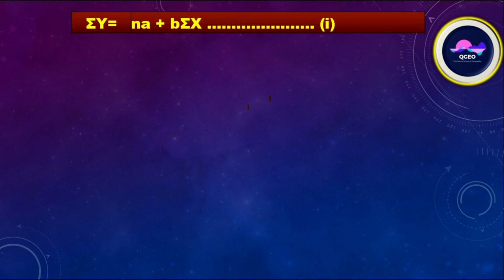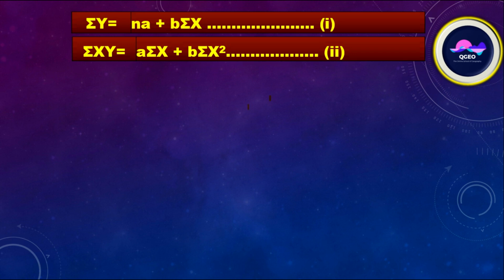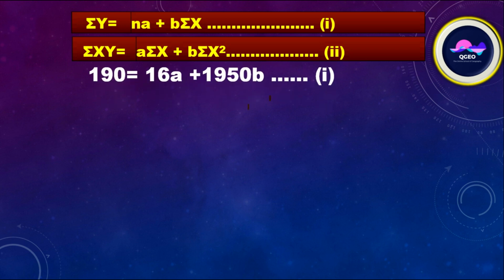Now we can proceed. Summation of y is equal to na plus b summation x, that was equation number 1, and summation of xy is equal to a summation x plus b summation x square in equation number 2.